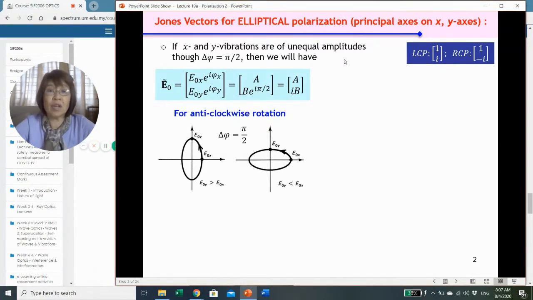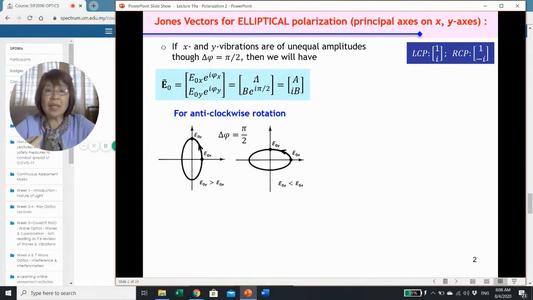Because the amplitudes are not equal, we represent the x component phase as 0. There is a relative phase between the x and the y of pi over 2, so for phi y, we will give it a value of pi over 2.